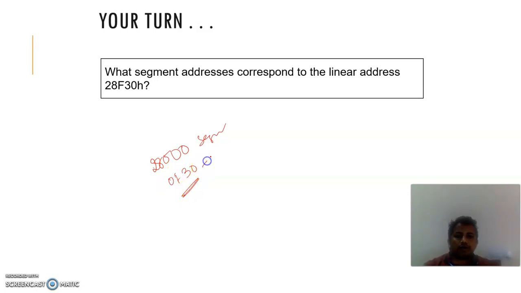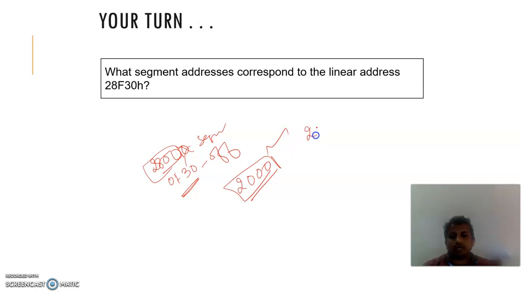This will be the offset address. I can define 2000 as my segment address, not the segment address 800 which was previous. Now 2000, I can define 28F as my segment address. The remaining is different, and I can define it in n number of ways.